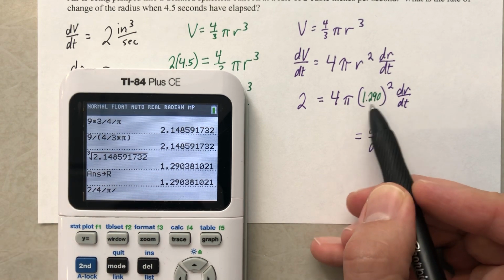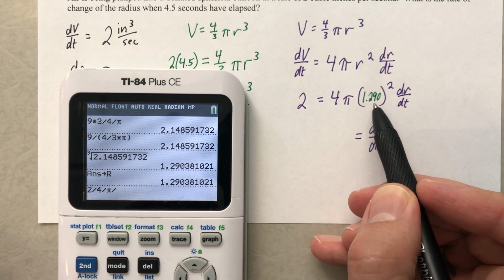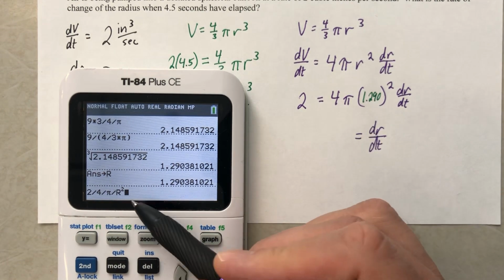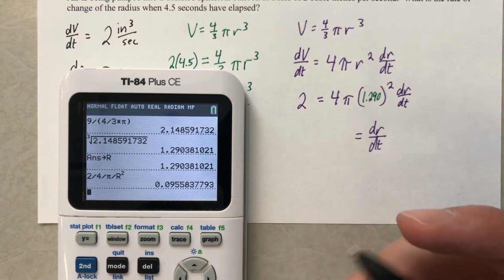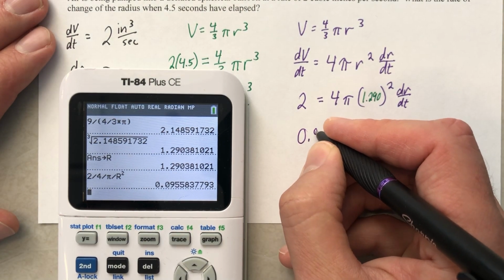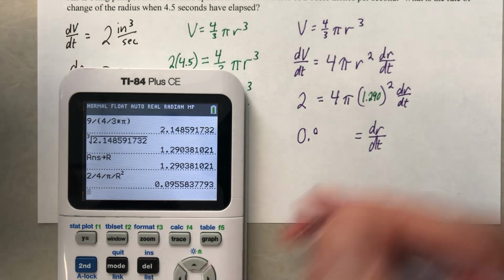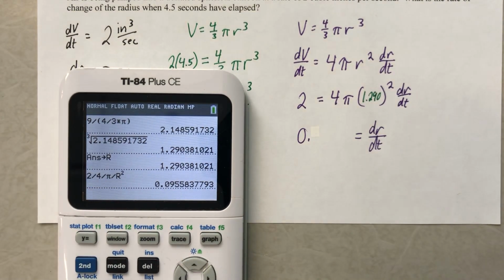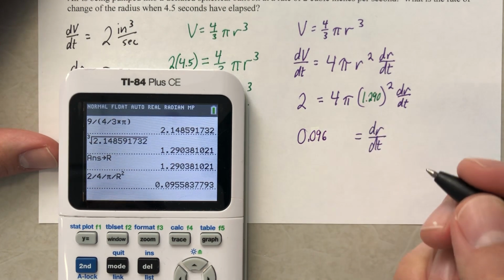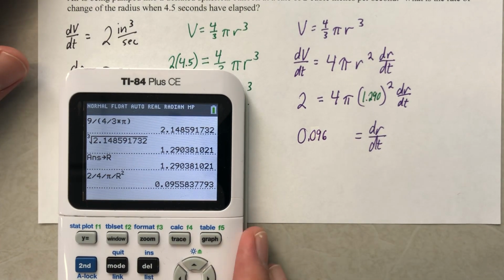This is r, and it is squared. And we just stored r, so we just retrieve it. 0.0, whoops, where's my whiteout? Messed up. 0.096 what? I don't know.